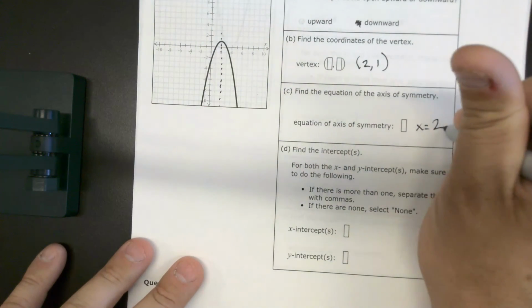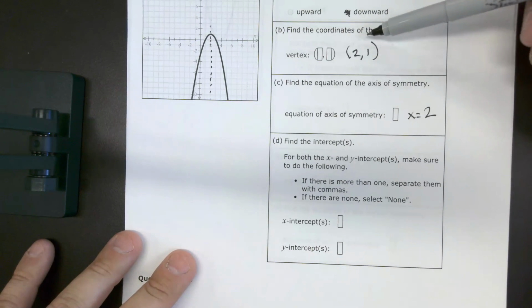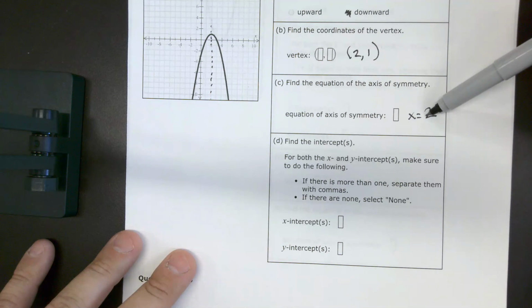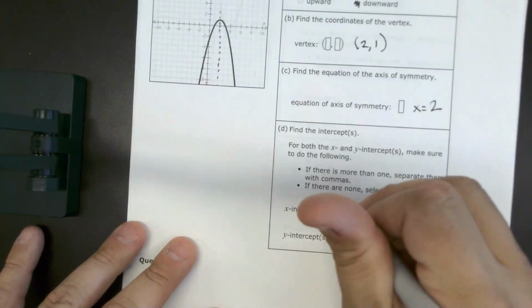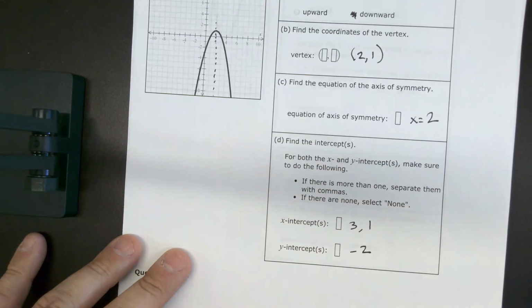So it'd be x equals 2. Notice something very unique to pay attention to. The x-coordinate of your vertex is the same thing as the axis of symmetry, always. The x-intercepts would be 3 and 1. And the y-intercept is -3.